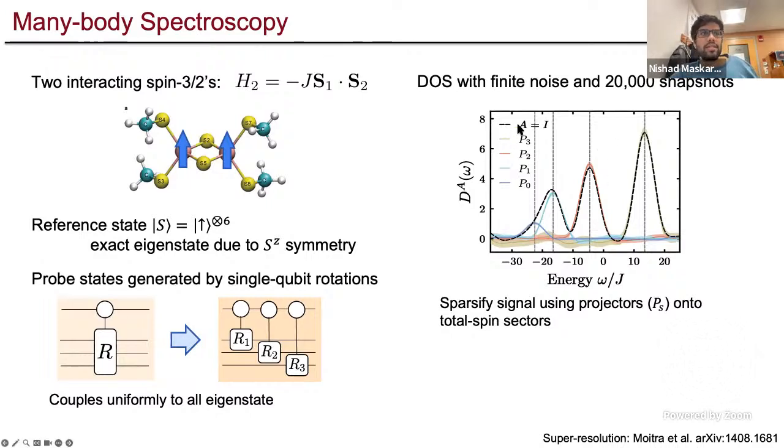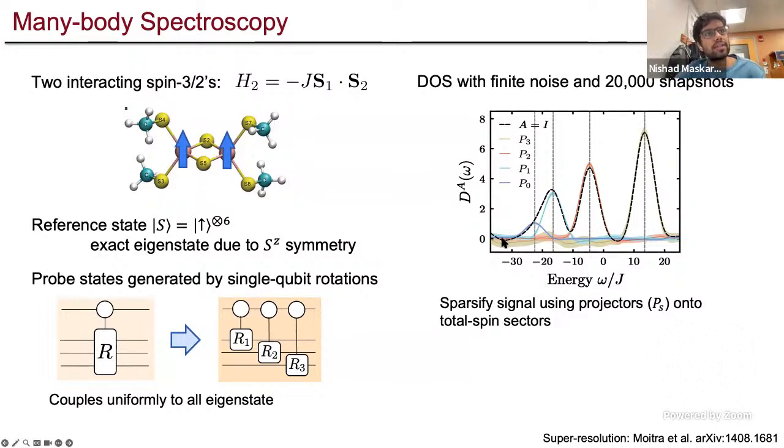If we construct the observables that correspond to projectors onto different spin sectors, then the underlying density of states for each of these projection observables only couples to a single band of eigenstates, and therefore is able to much more accurately resolve the energy of the corresponding eigenstate, because the signal has been significantly sparsified.